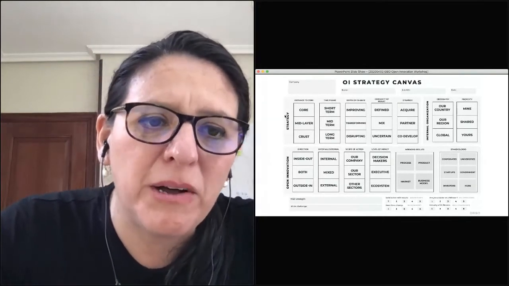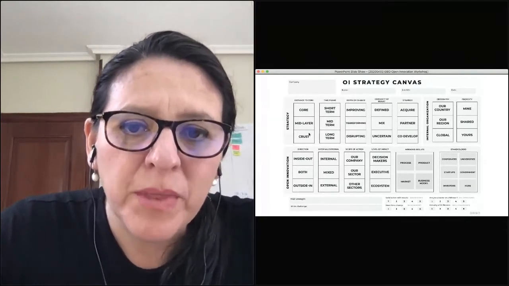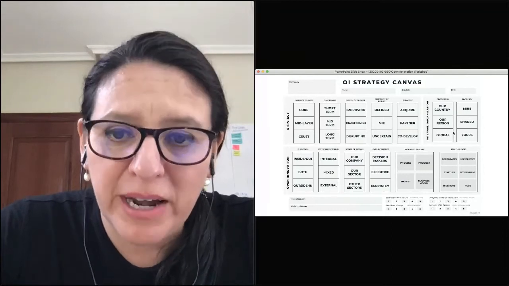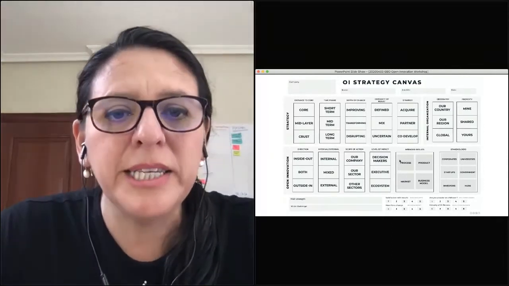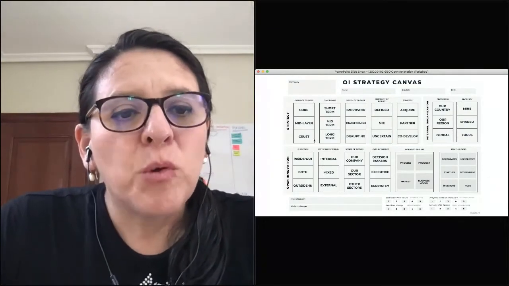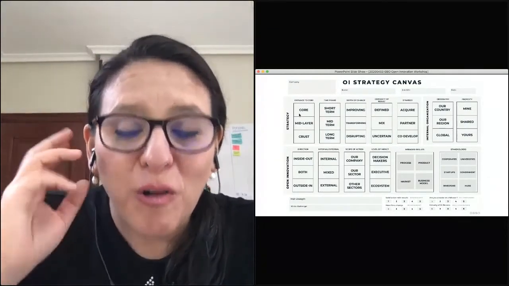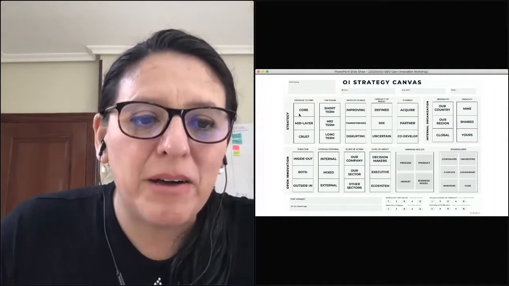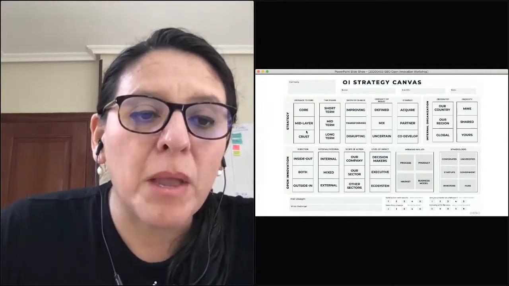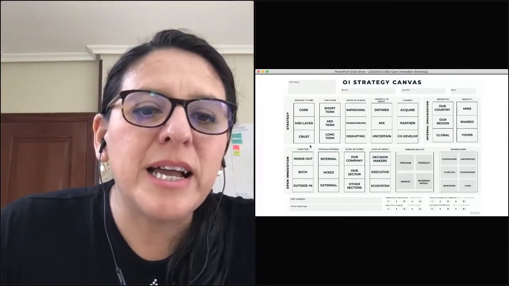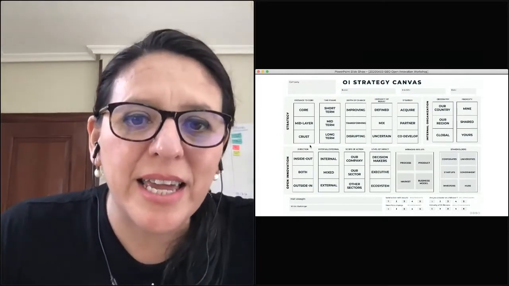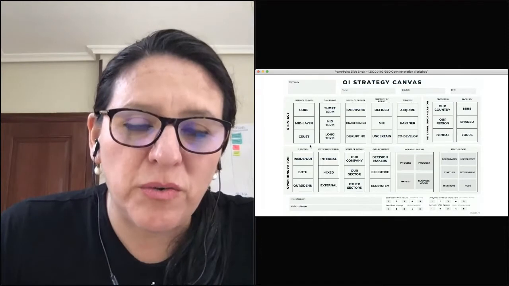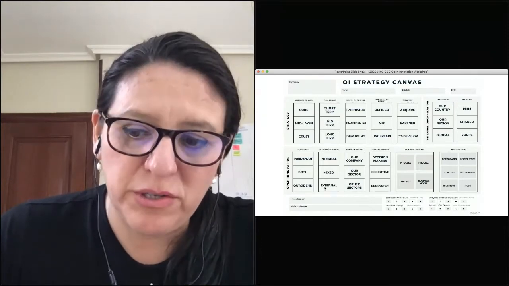So we talk about strategic variables, internal organization variables, and open innovation variables. And the idea is that we think about these variables purposefully, and take time to reflect and think about what our position is within these different dimensions.